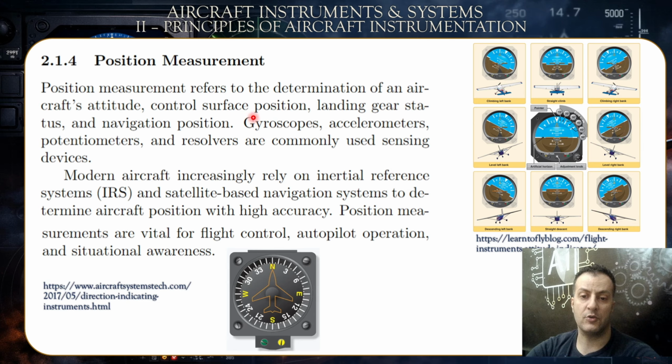And the control surface position, meaning the flaps, the ailerons, the elevators, and the rudders, their own position. The landing gear status, whether it's dropped or retracted, and navigation position. So it detects the different positions of the controls.